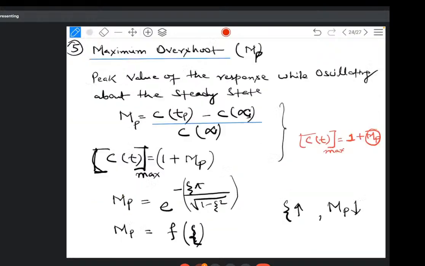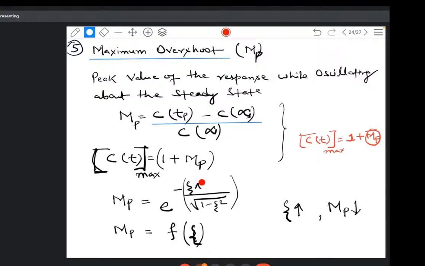Now, there is a formula for the maximum overshoot. It is e to the power minus zeta pi by under root 1 minus zeta square. See, everything is in the exponent. This overall part is x, and x is nothing but zeta pi by under root 1 minus zeta square. So the peak overshoot is e to the power minus zeta pi by under root 1 minus zeta square.